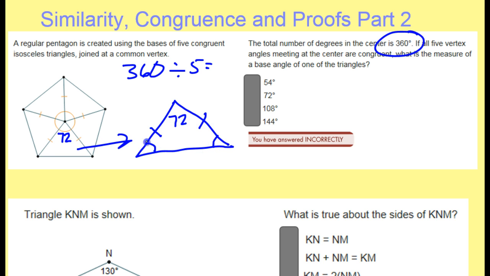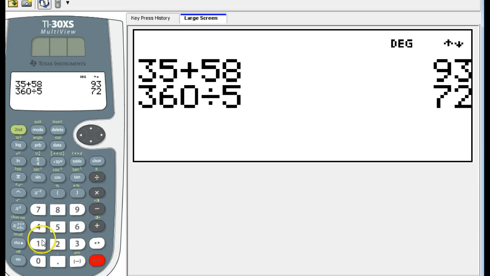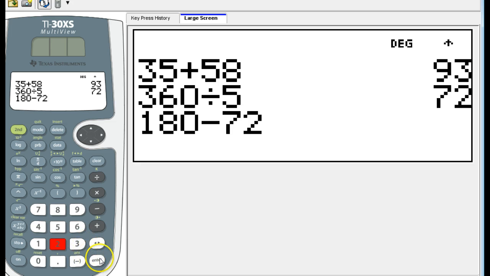We know that the total degrees inside a triangle is 180. So if we take 180 degrees, subtract the 72, that leaves 108.